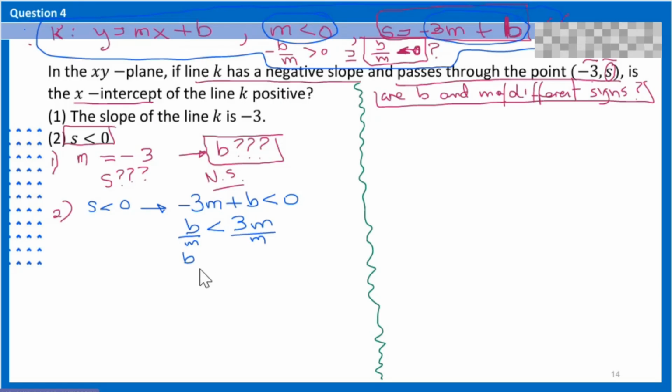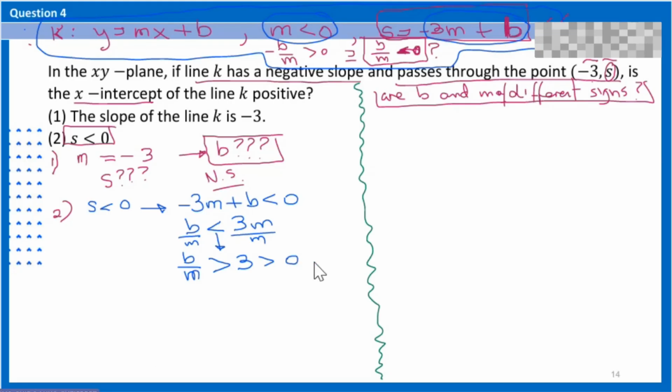B over m would be greater than 3. This has to change because we are dividing by a negative factor. So b over m being greater than 3 means that this is positive.